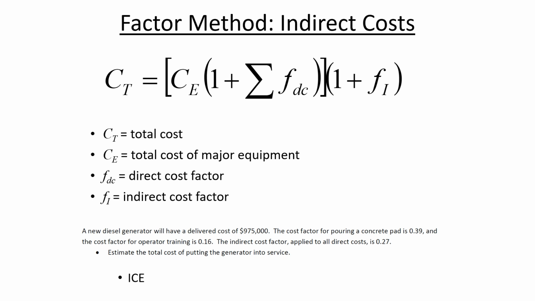And then we close the brackets there and add on the cost of the indirect. So 1 plus 0. Indirect cost here is 27%. Okay, so this would allow us to find out the overall cost of putting this backup power supply into service.